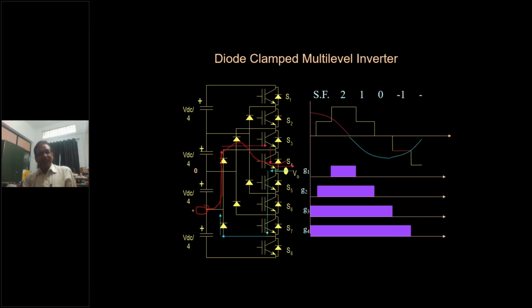So what will the voltage? This is minus VDC by 4. You will get minus VDC by 4. Okay, so gate pulse is given. Which gate pulse? Now G2, G3, G4 on, means S1, S2, S3, S4 are on, like this. And last case. So like this we will get the output voltage.